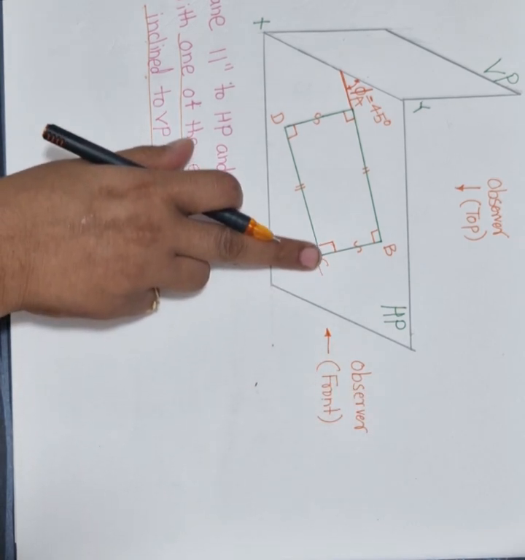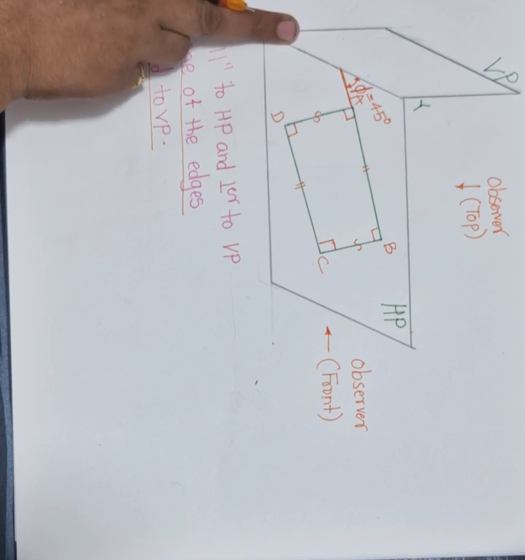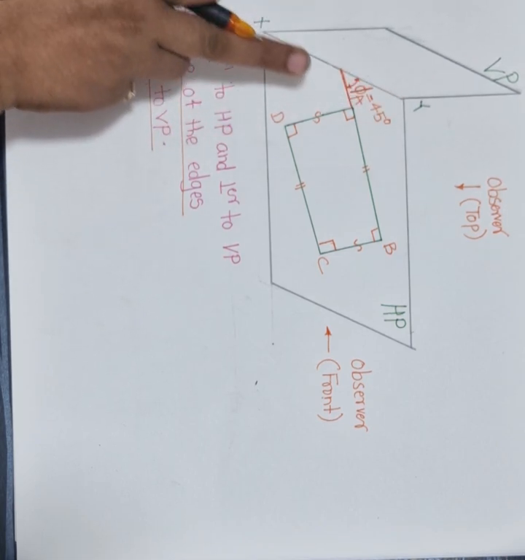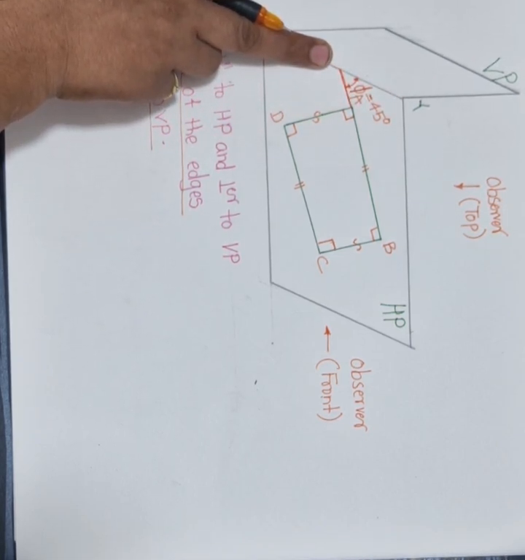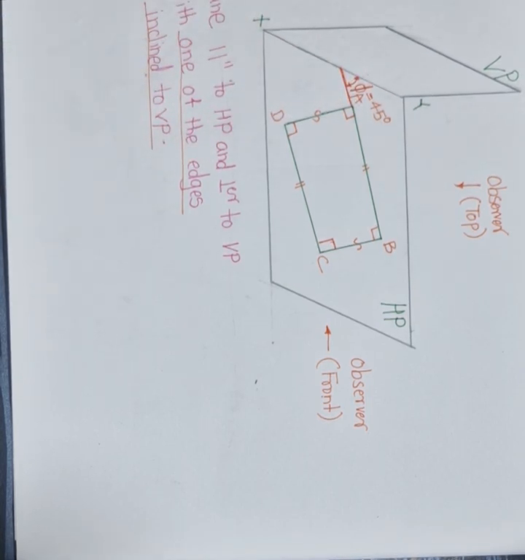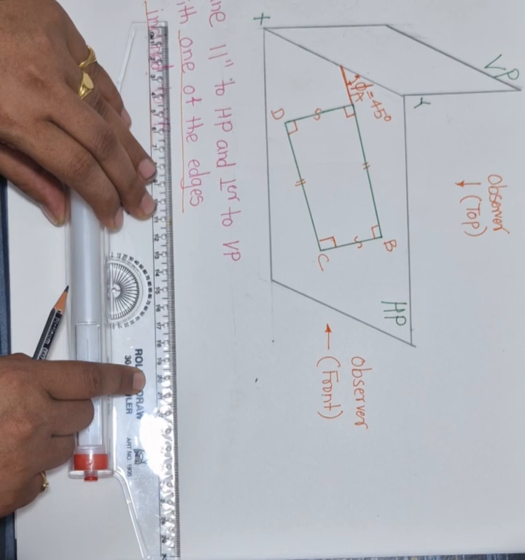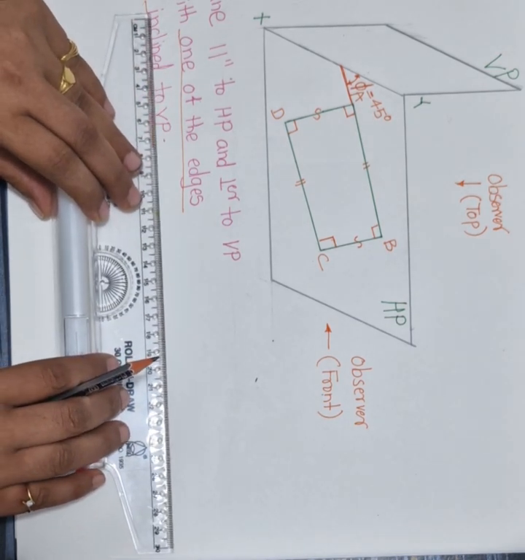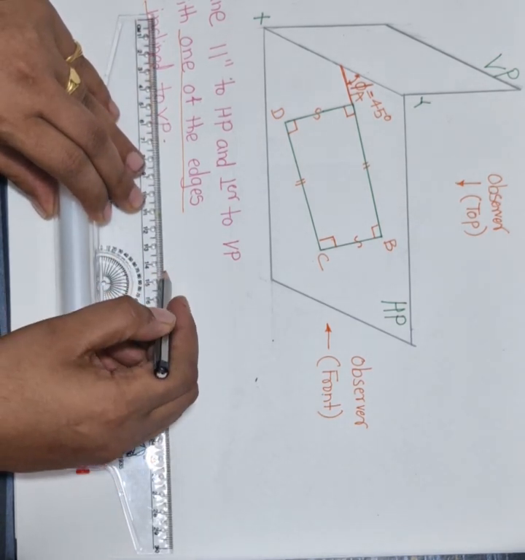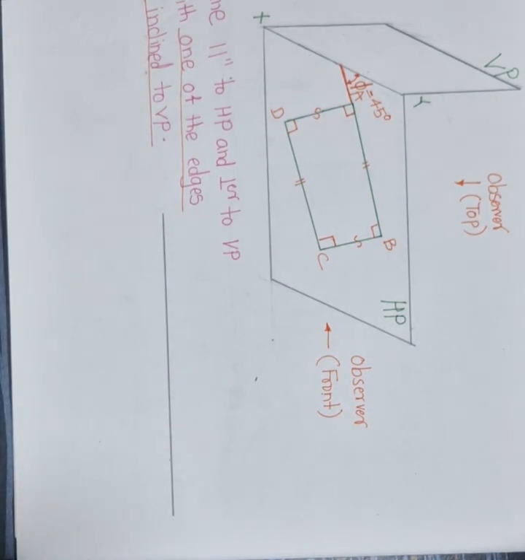Now while observing from the front, AD is nearer to the XY line and corner A is nearer to the XY line. So let's start with the XY line. This is the XY line which I have drawn.